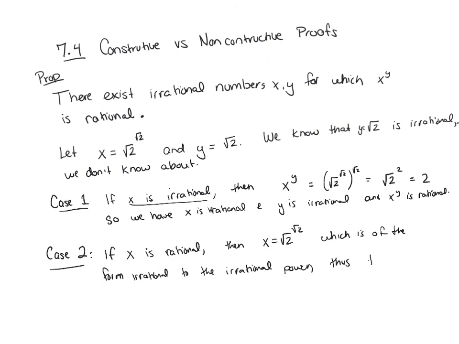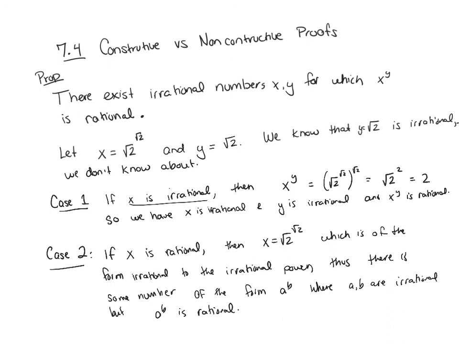Thus, there is some number of the form, we'll use different letters here, a to the b, where a and b are irrational, but a to the b is rational.